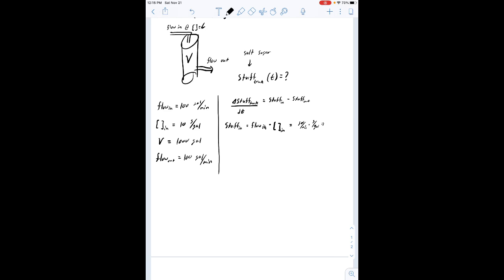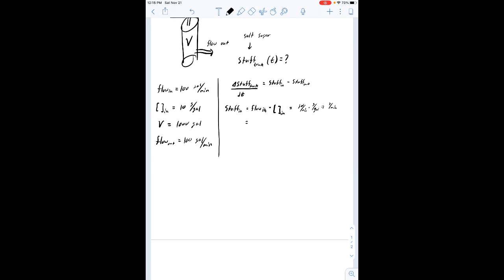So then we get a unit of grams per minute. Okay? I will keep that on the screen. Now that we have that, we know that our stuff in is going to be equal to 100 times 10, which is equal to 1,000 grams per minute.